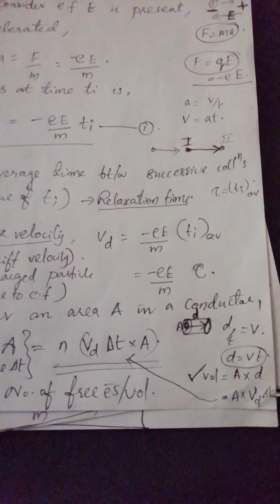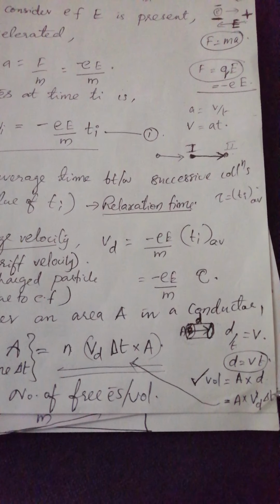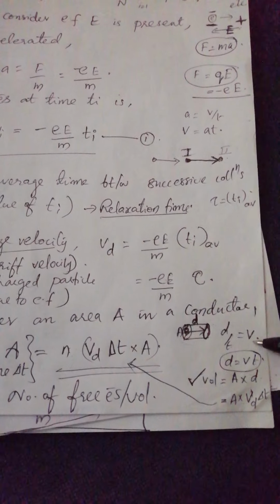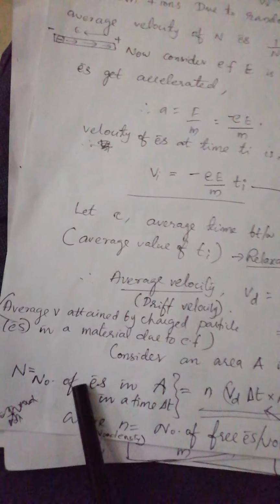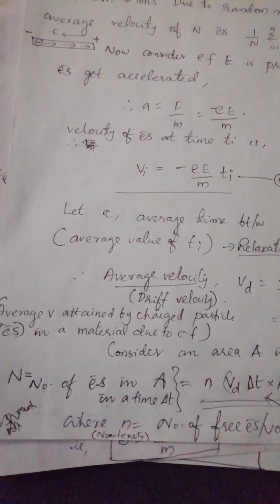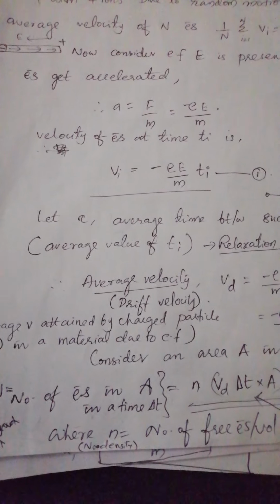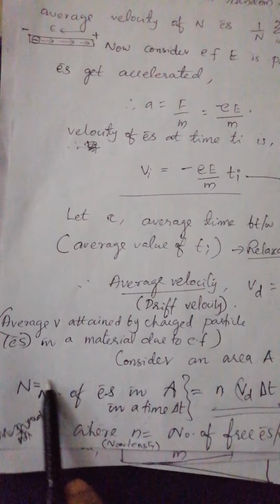If we consider the electrons moving in a time delta t, we can write area into distance as A into Vd delta t. So let us consider the number of electrons passing through this area in a time delta t.